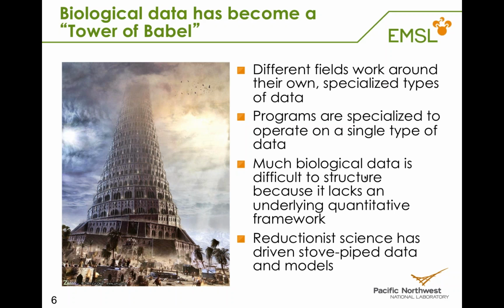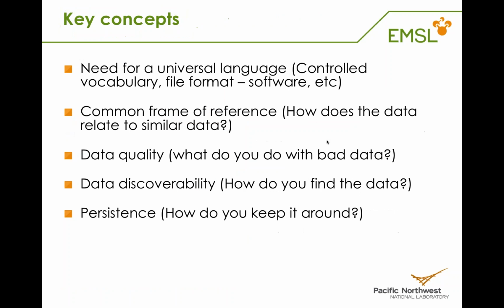But one of the things that came out of this experience is something which, of course, is not going to come as a surprise to anyone who's worked with data for a long time. And that is, you really need a universal language to be able to exchange data. Right now, for example, in science, the universal language is basically English.